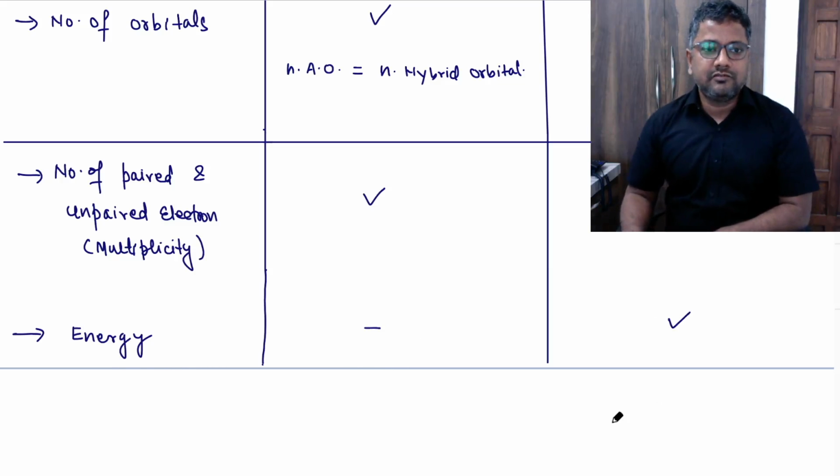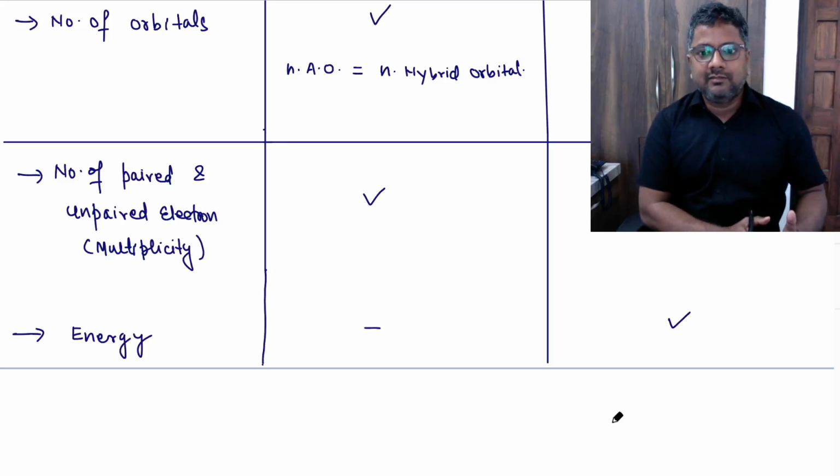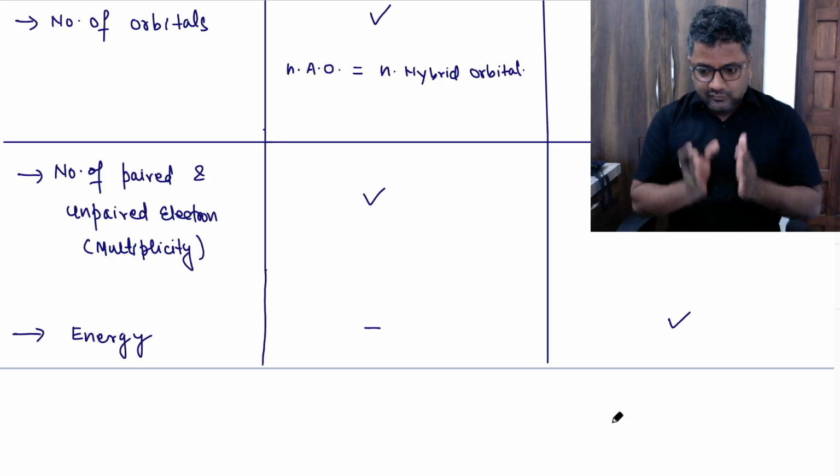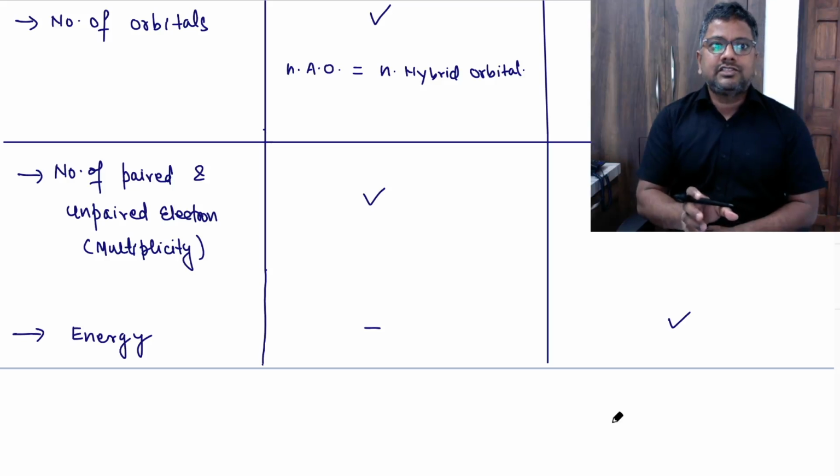Energy not conserved means if you compare the energy of the hybrid orbital and the energy of the atomic orbital, the energy of the hybrid orbital is not equal to the energy of the atomic orbitals.